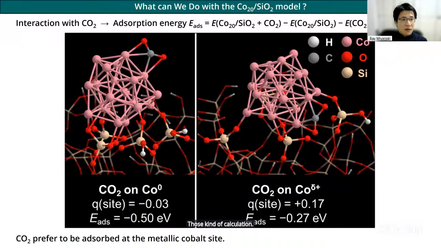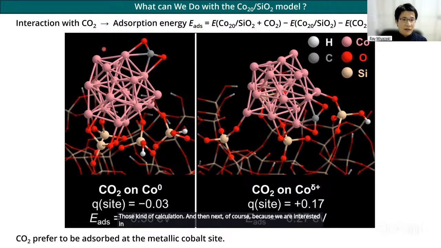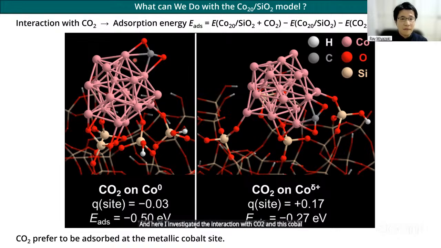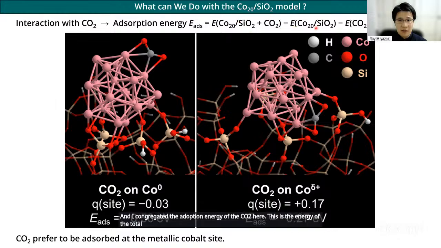Next, of course, because we are interested in catalysis, that is CO2 hydrogenation, we are interested in the interaction between molecules and the catalyst. Here I investigated the interaction between CO2 and this cobalt cluster model, and calculated the adsorption energy of the CO2. This is the energy of the total model, with the energy of the isolated models subtracted.